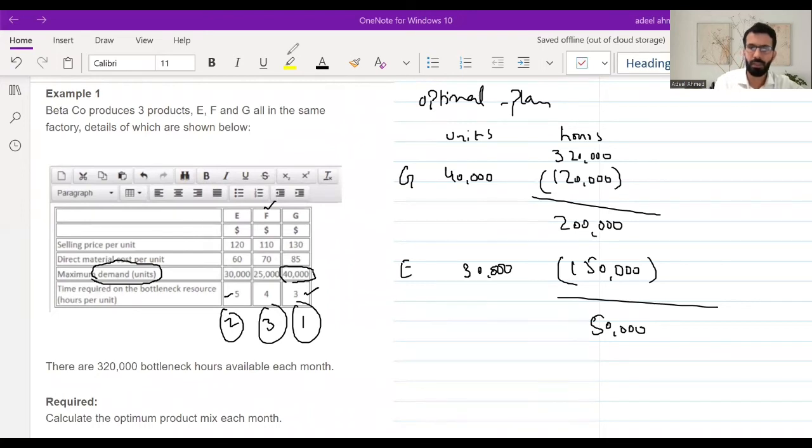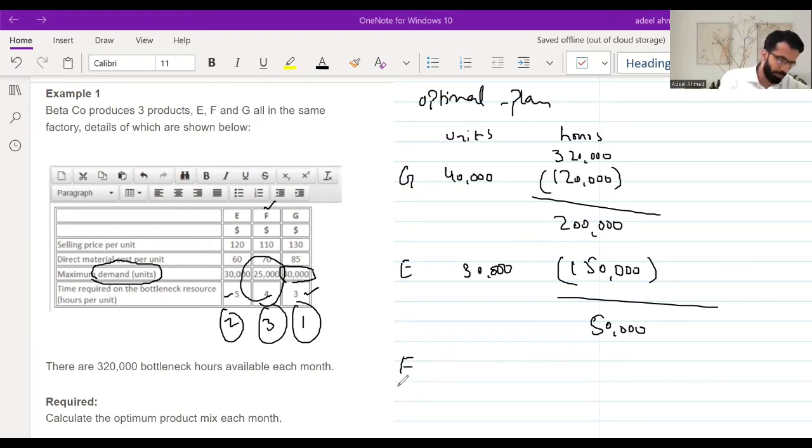Now, for this 25,000, the total time required is actually 100,000, because each unit will take 4 hours, but the availability is only limited to 50,000 hours.